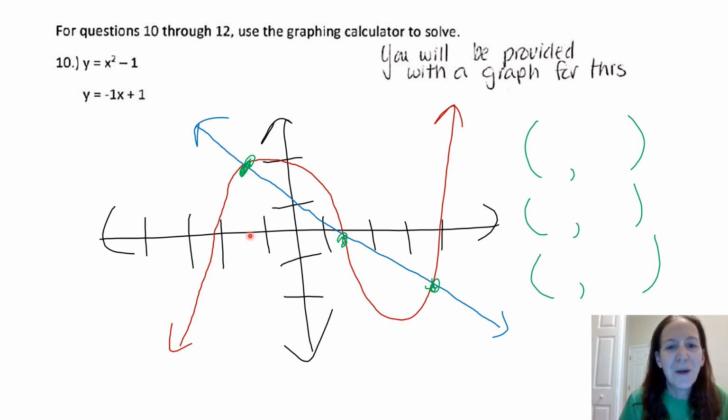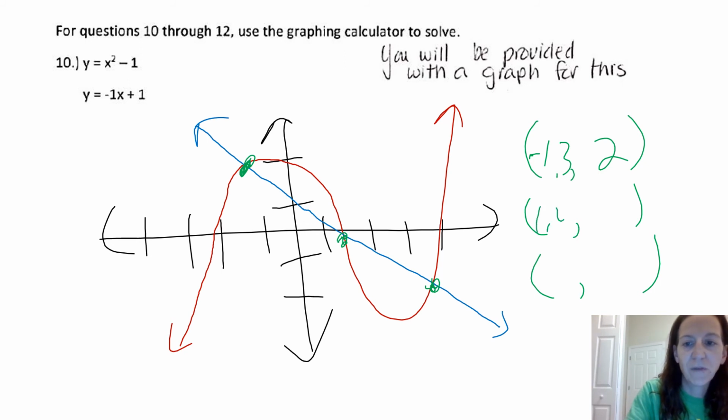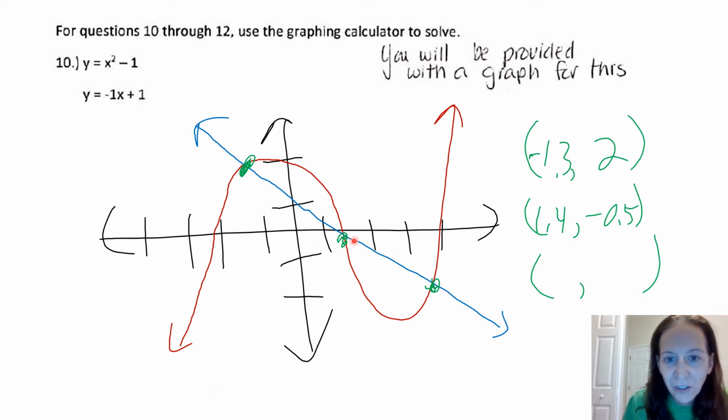The next looks like 1.4, negative 0.5, and this one looks like 3.8, negative 2. Sound good?